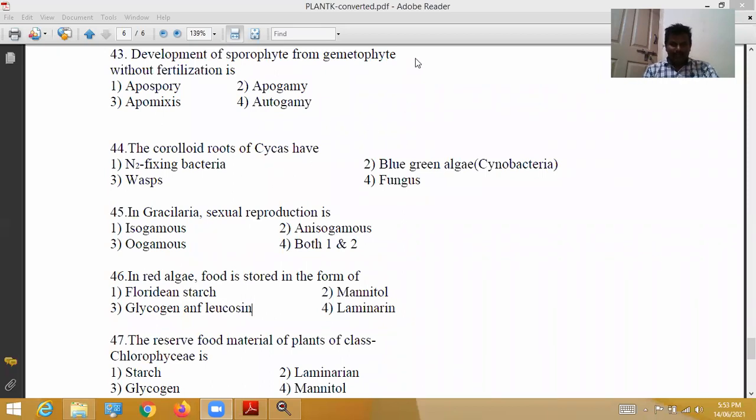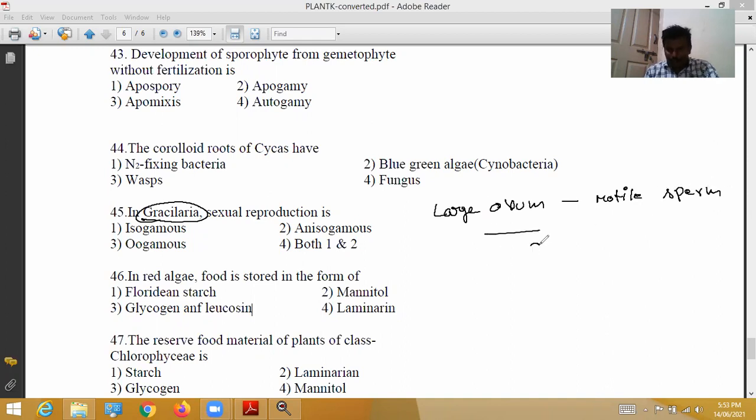This question asks about sexual reproduction in Gracilaria. Generally, in Gracilaria, sexual reproduction occurs by the fusion of a large ovum with a motile sperm.